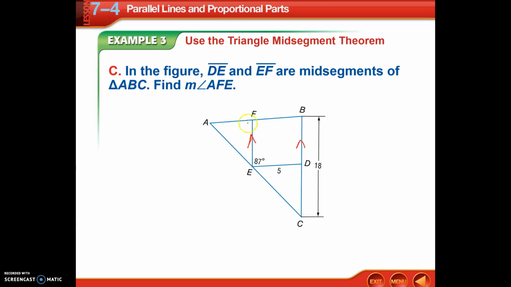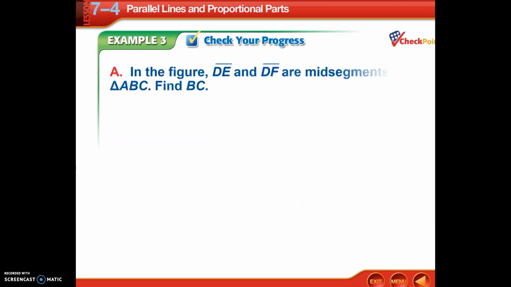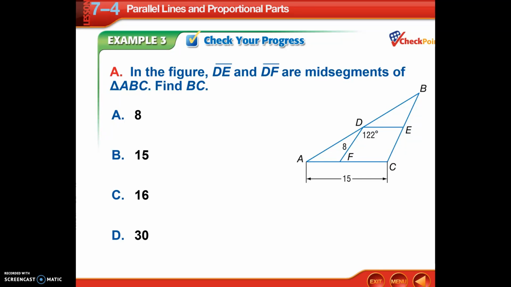And AFE, this angle, with this angle, would be alternate interiors. So this has to be 87 degrees. So again, mid-segment, so this is 8, so this would have to be 16. This is 15, so this has to be 7.5, half of 15. And this angle here would have to be 122.